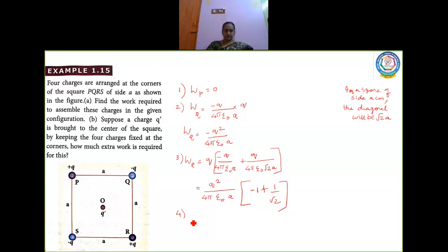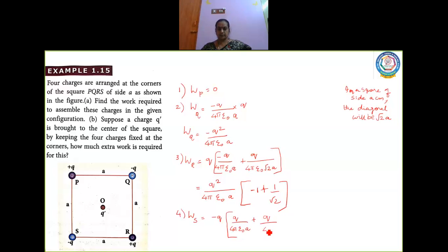Now the fourth one. So fourth one, I'm going to bring a charge minus q. Now all the three other charges are there. So what is the work done here? Again work done at S equal to, what is the charge at S? It is minus q. So that should be outside. The potential due to all the other charges, it is due to the first charge at P, it is q by 4 pi epsilon naught a, plus it is due to R. The R also you have plus q.